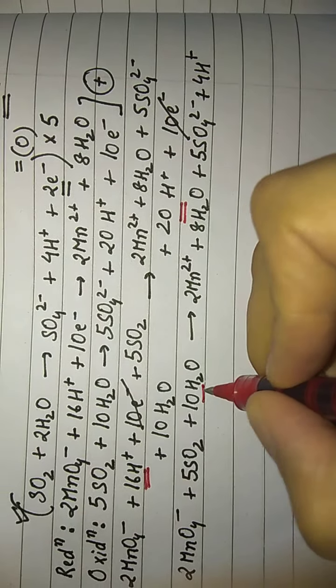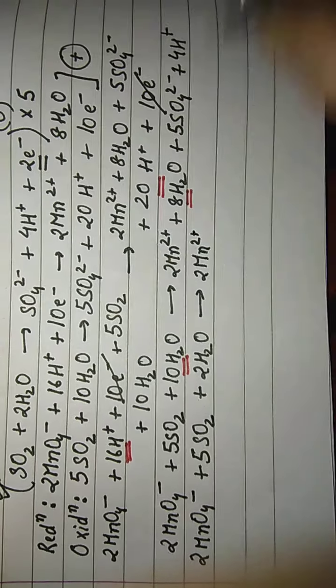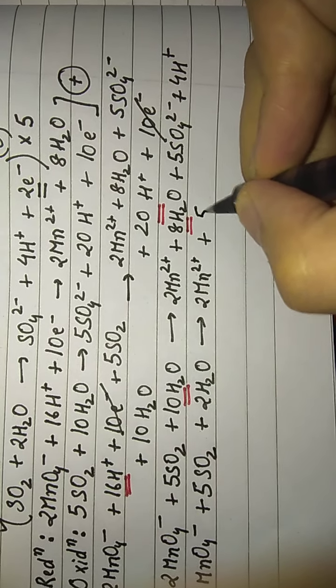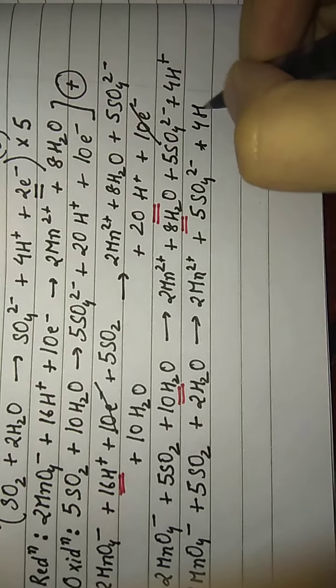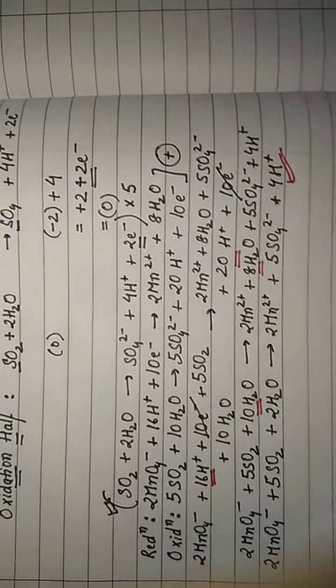Rewriting the equation: 2MnO4⁻ + 5 SO2 + 2 H2O (10 minus 8 H2O becomes 2 H2O) giving 2Mn²⁺ + 5 SO4²⁻ + 4 H⁺. Alright, so this will be your final balanced redox equation.